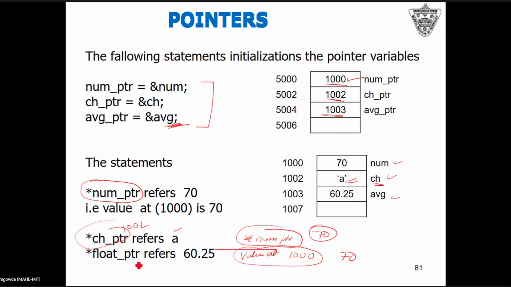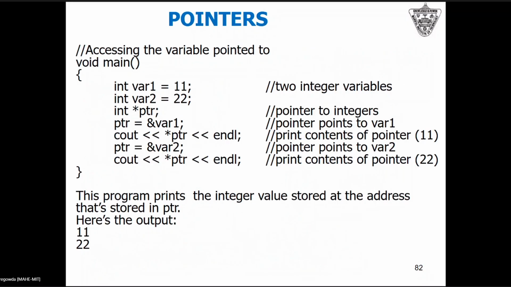Similarly, *averageptr refers to 60.25. Sorry, this is not float, this is averageptr. Averageptr is nothing but 1003. The value at 1003 is 60.25. Okay, so this is how you can use a pointer to access the values which are stored in some other variables.